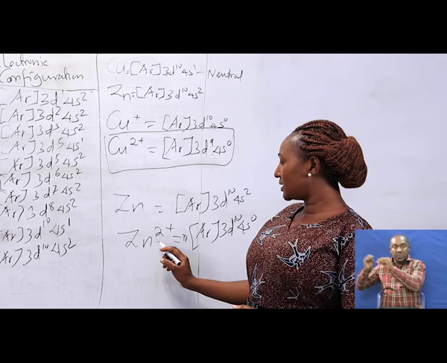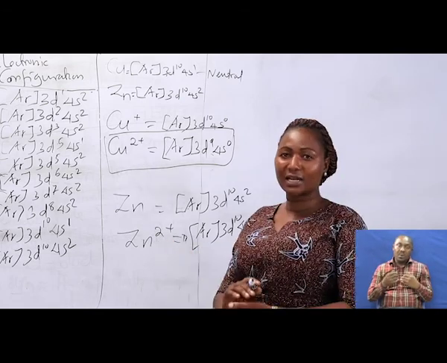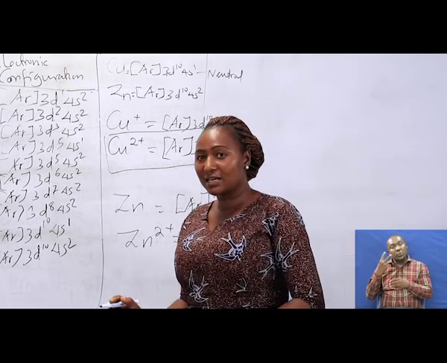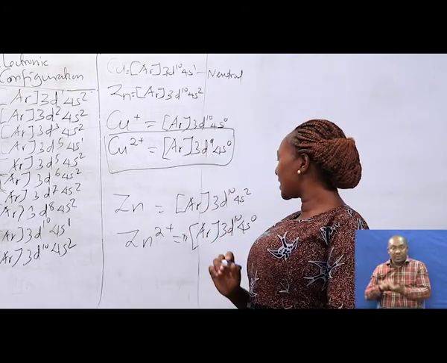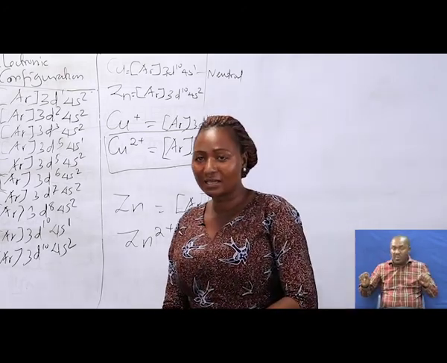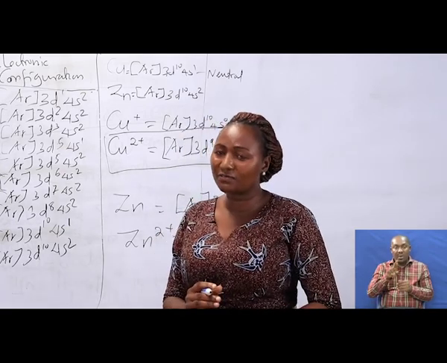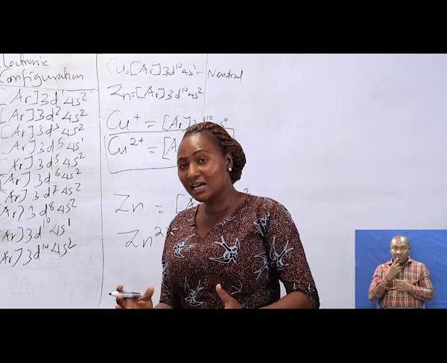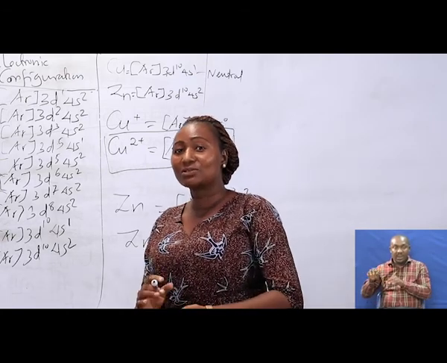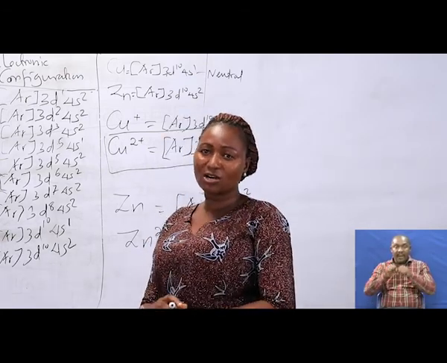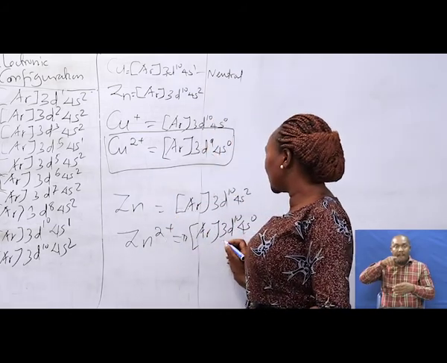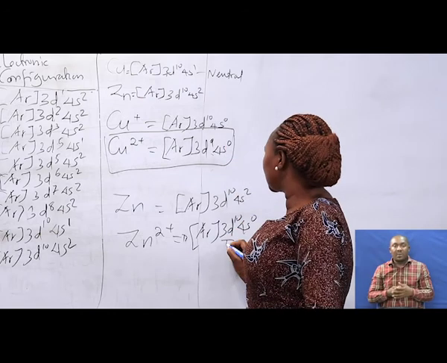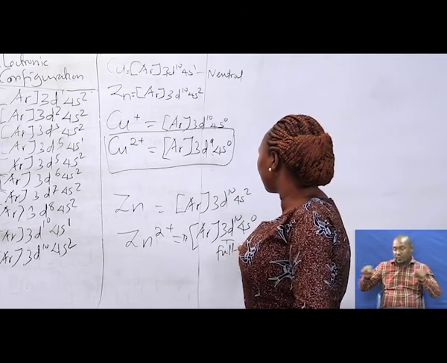So zinc loses its 2 electrons, which are removed from s. Now the configuration which remains is argon 3d10. As I said, transition elements must contain a partially filled d orbital. But if you check, the d orbital in zinc is full. This is full.